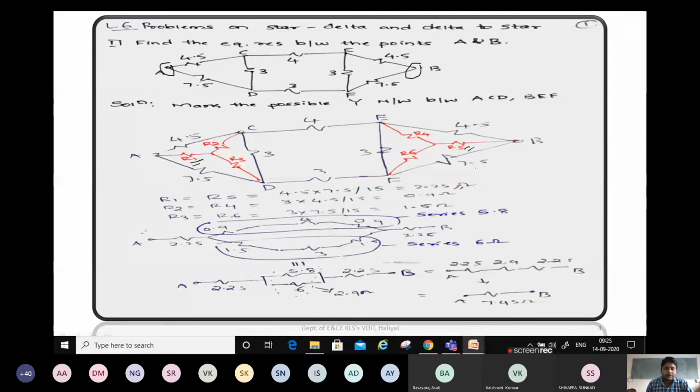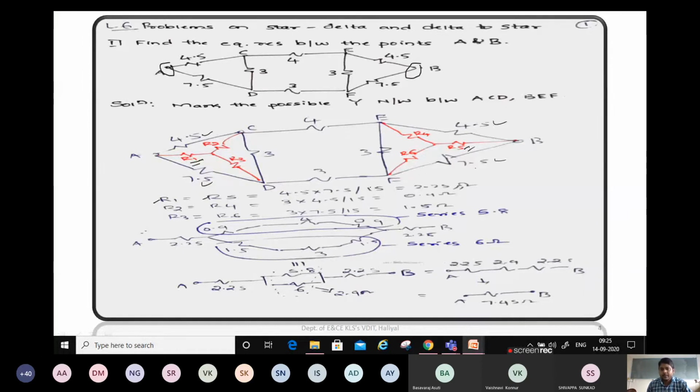So I can calculate R1 and R5 as the multiplication of the adjacent resistors, 4.5 and 7.5, divided by 15.